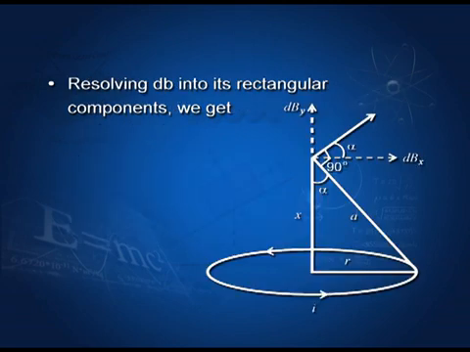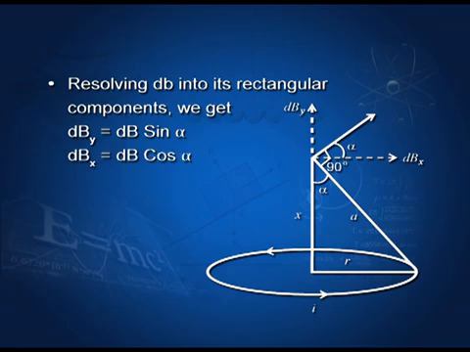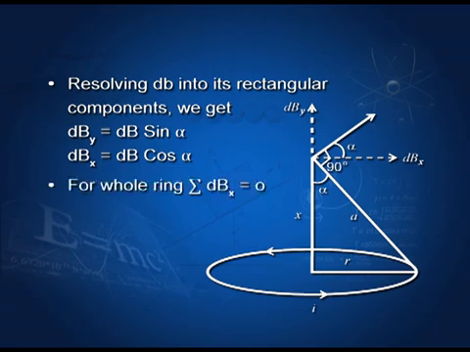Resolving dB into its rectangular components, we get dBy equals dB sinα and dBx equals dB cosα. For the whole ring, if we have to calculate the magnetic field along the x-axis, then we have to sum up the dBx.